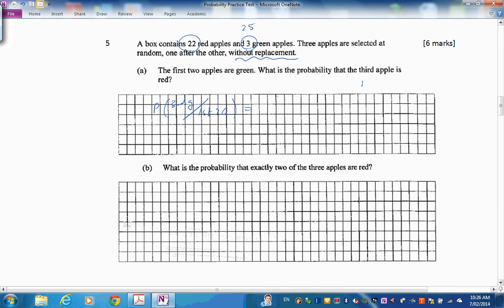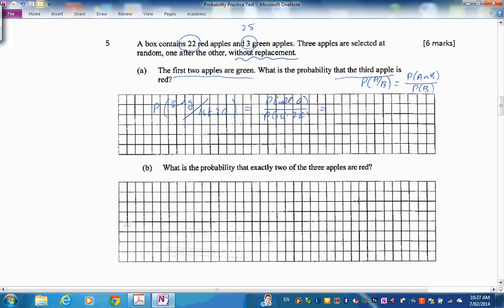What's the rule? Probability of A given B is the probability that both occur divided by the probability of B. So, what's both occur? First two apples are green and the third apple is green. That's the probability all green divided by the probability first two are green.